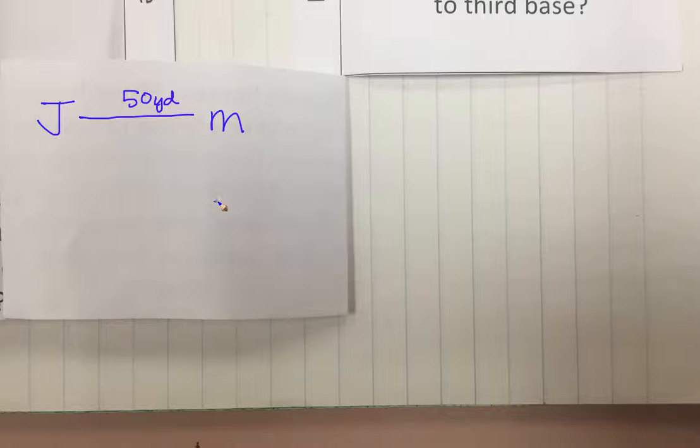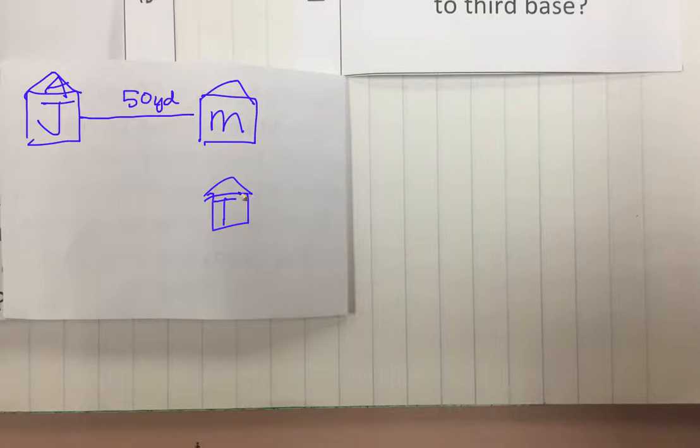Now, Teddy lives next door to Mike. Okay, so there's Mike's house. Here's Jamie's house. Oops. And here's Teddy's house. So Mike and Teddy are next door to each other. However, Oops, hold on a second.